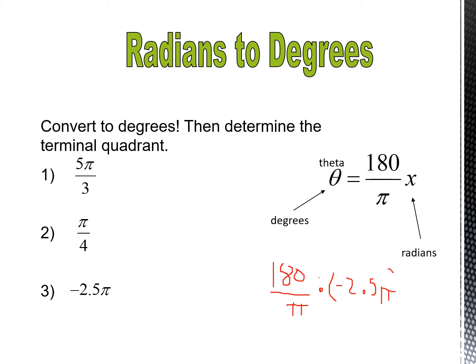The pi's do cancel out. And then 180 times negative 2.5 is negative 450 degrees. There you go.